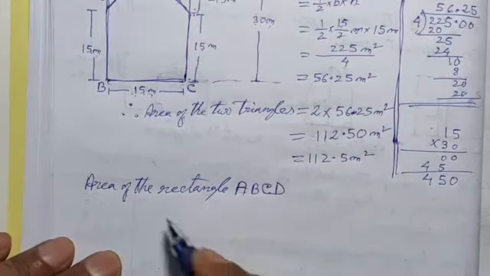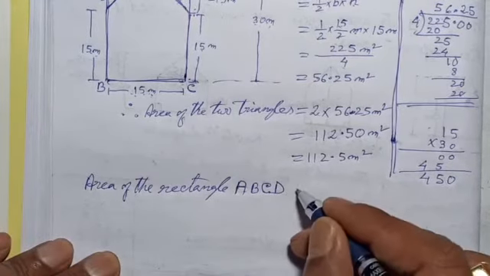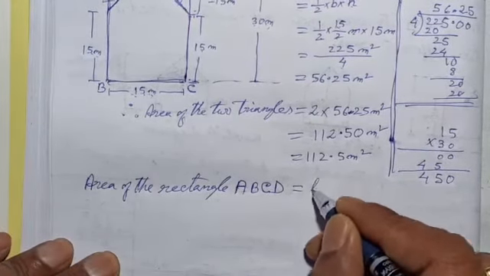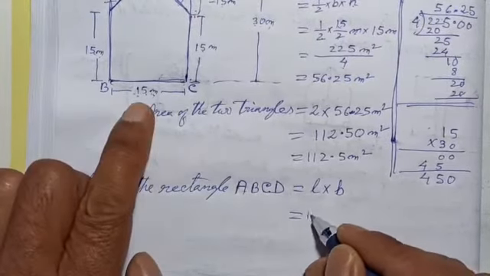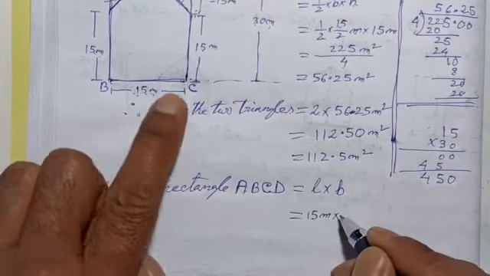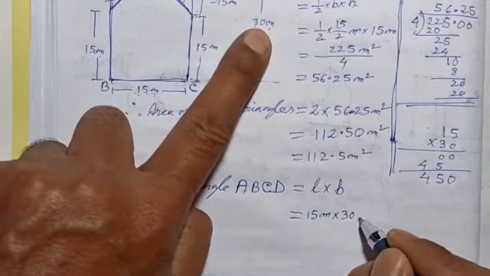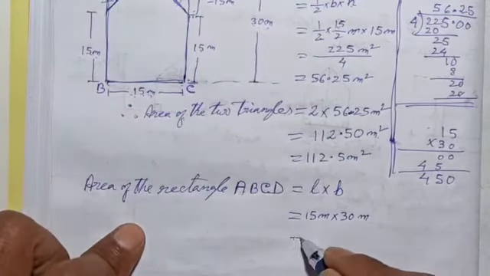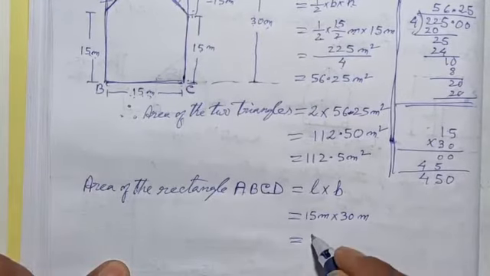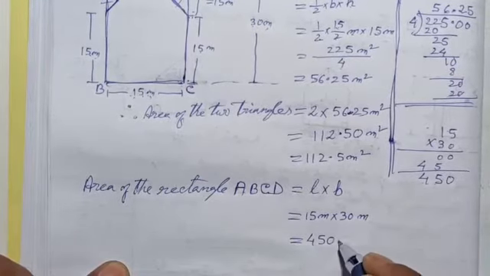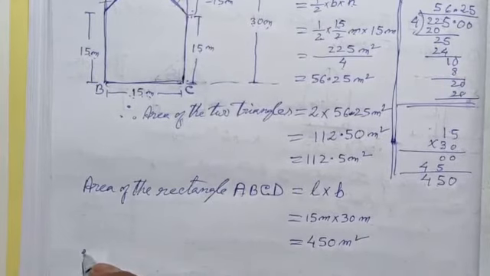We know that the formula to find out area of a rectangle is length into breadth. So length is 15 meter and here breadth is 30 meter. Let's multiply this. 15, if we multiply by 30, we are getting 450. So 450 meter square.